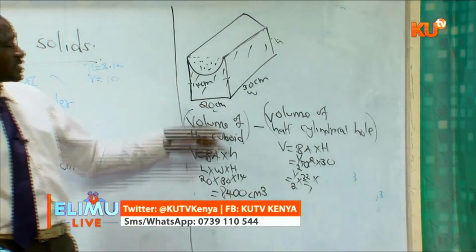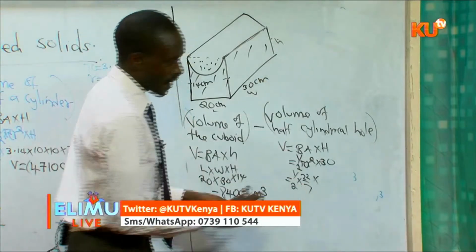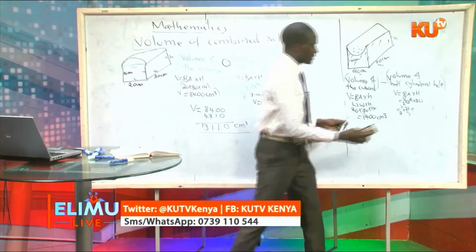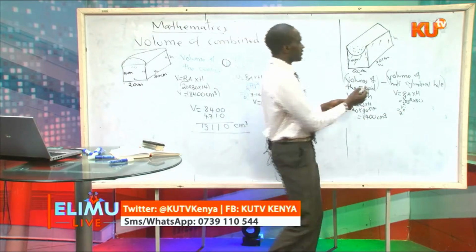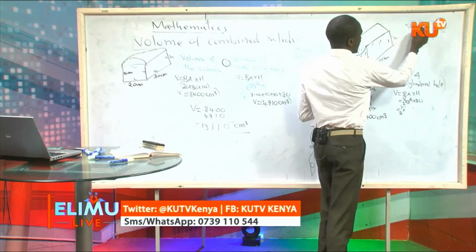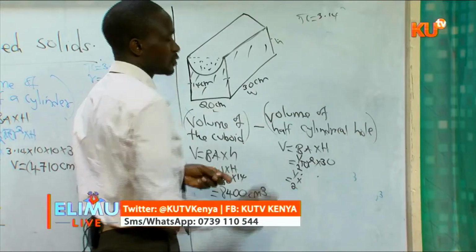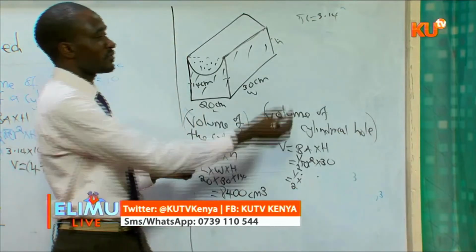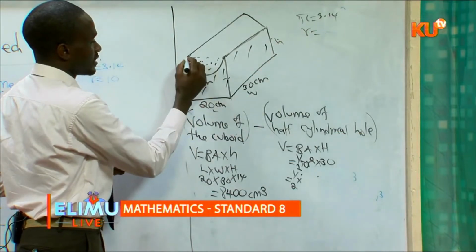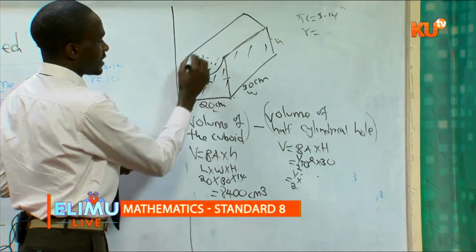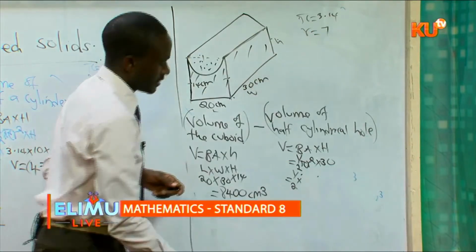Our radius, just the way I told you, or pi and radius. Pi and radius, you have to be careful. When given pi as 3.14, use pi as 3.14. Radius here, now you have to be careful, from here to here is 10, so our diameter is 10, radius is 7.